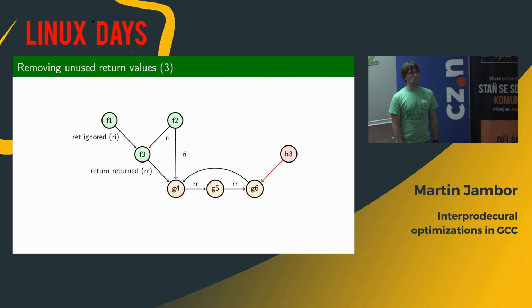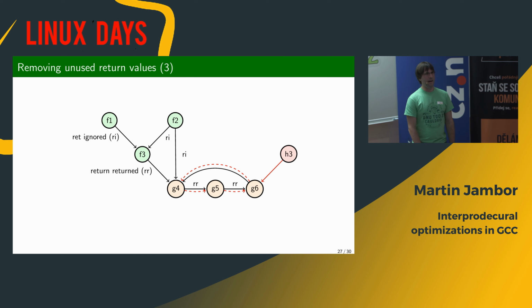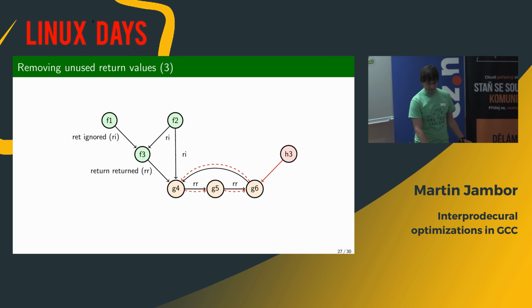But then when we figure out that there is actually a call where the return value is useful and necessary, we have to be able to go back to the chunk of functions recursively calling themselves, which is called a strongly connected component in graph theory, and propagate again, changing our decisions to the more pessimistic one and actually leave G4, G5, and G6 in this example with their return value intact.